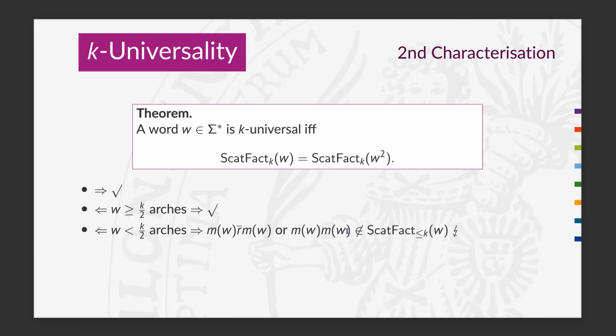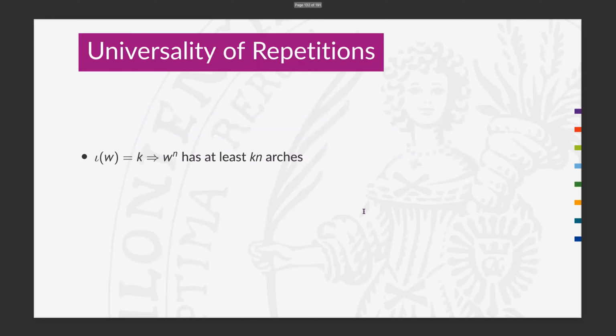So I have missing scattered factors, and they would be both in W squared, but they are not in W, which means this set is not the same. Okay, so we know k-universality is equivalent to the scattered factor set of W being the same as the scattered factor set of W squared with length k. So we are always referring to a fixed length k.